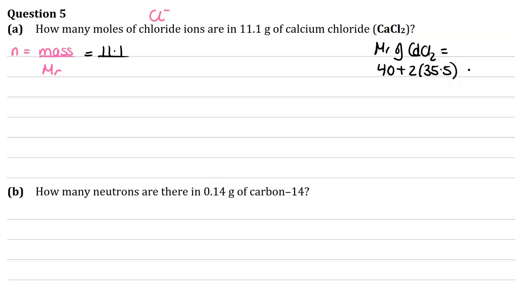Now be very careful when you're picking up chlorine that you pick up 35.5, and the same copper is 63.5. So over 111, so that gives me 0.1 moles.